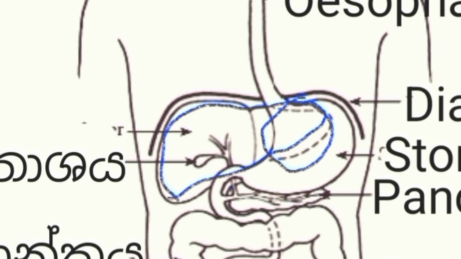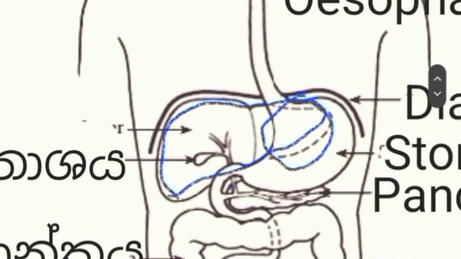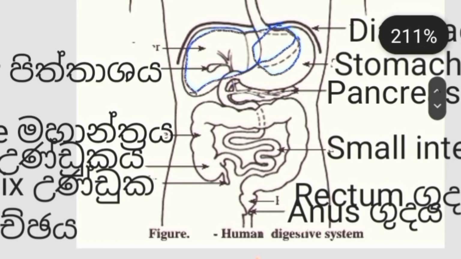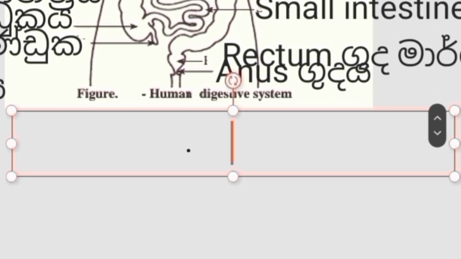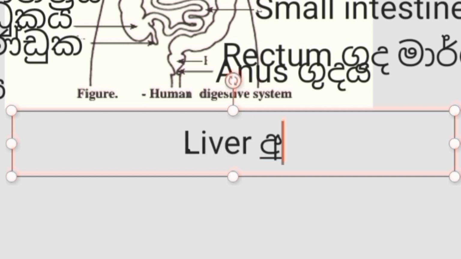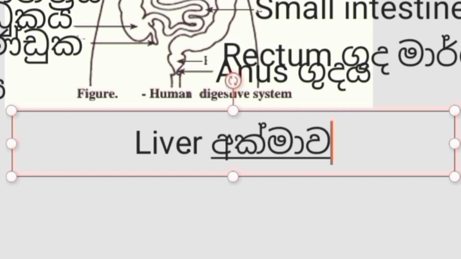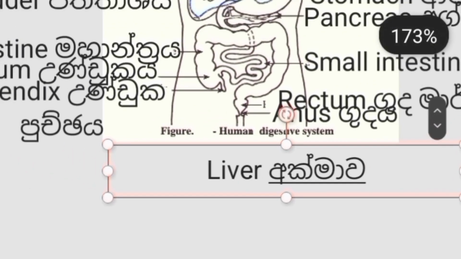You know that this organ is the largest internal organ in the human body. So we can label it as liver. In Sinhala we call it Apmava.